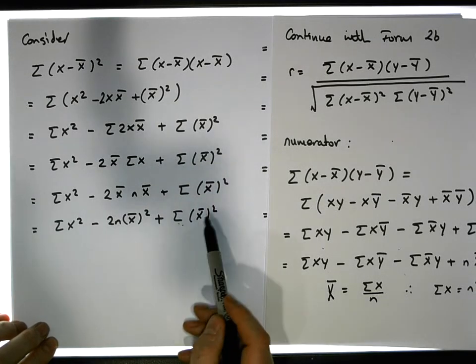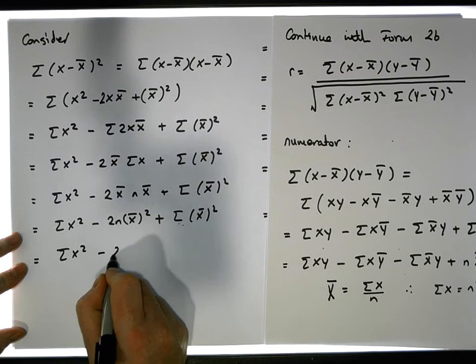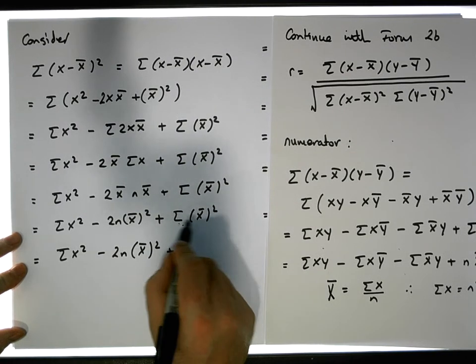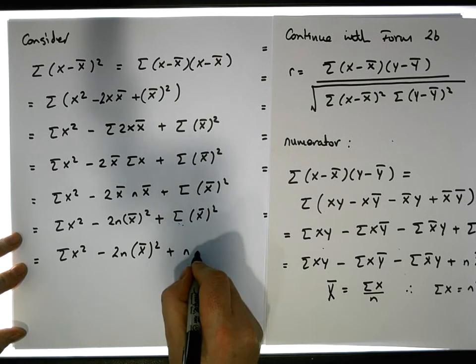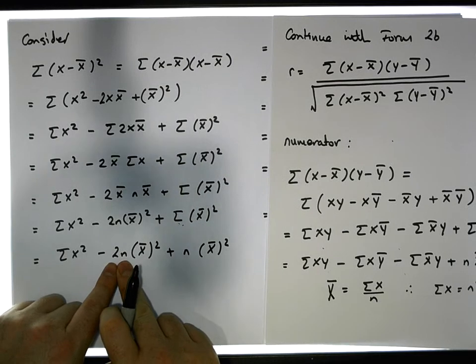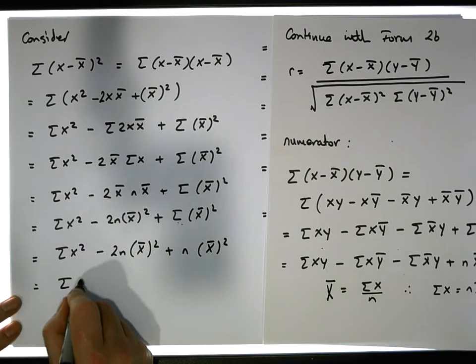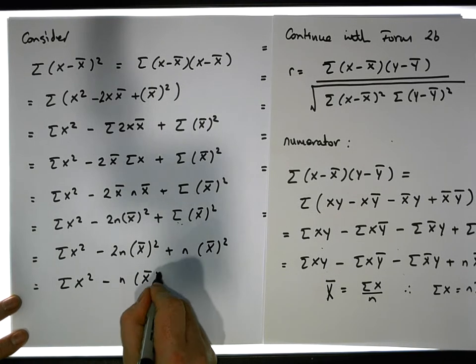There's n of them, so this becomes the sum of the x squareds minus 2n x bar squared plus, there's n of these constant. X bar is constant, square is constant, so the sum of them is going to be n x bar square terms. And there we go. We have negative 2n of them here, and we have n of them here. So this becomes the sum of the x squareds minus n times the x bar squared terms here.